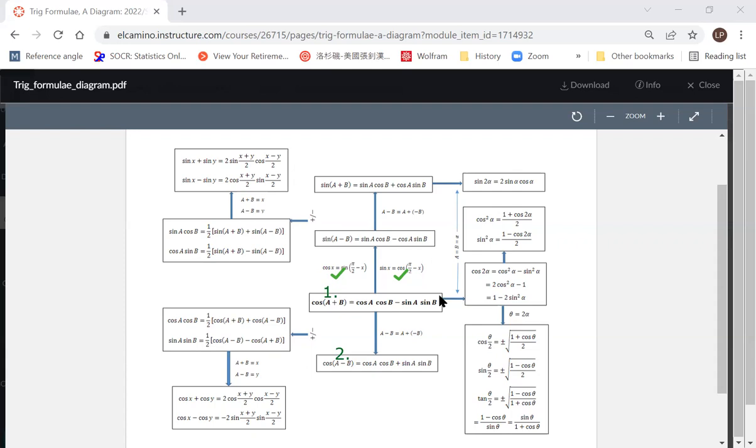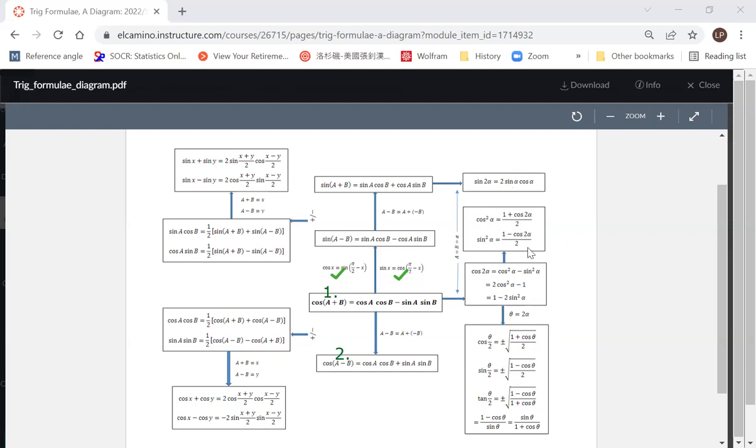After all 4 in the middle are proved, we're going to derive the double angle formula for sine and the double angle formula for cosine. And these two formulas, which are a byproduct of the double angle formula, are very, very useful in Calc 2.